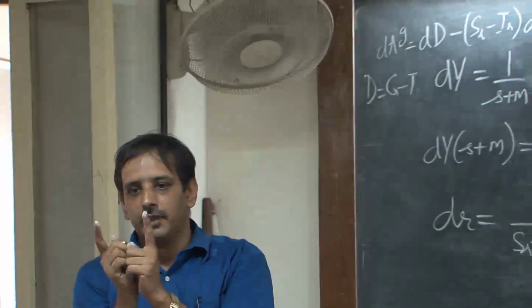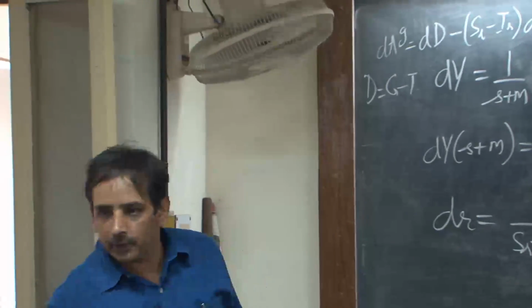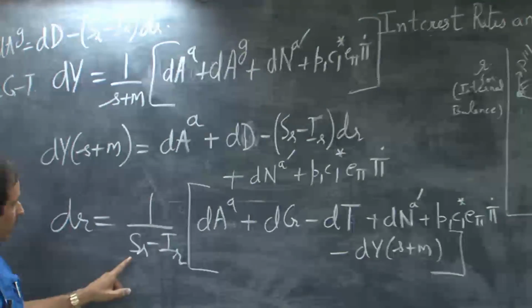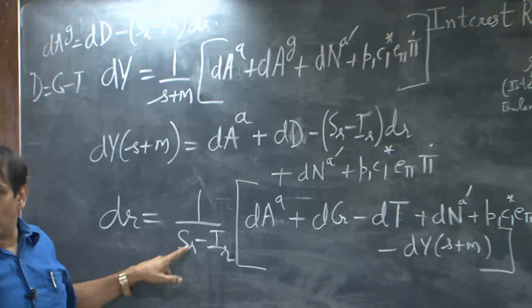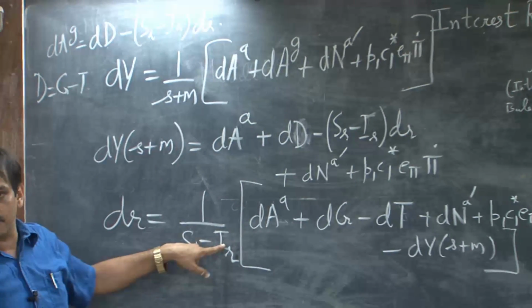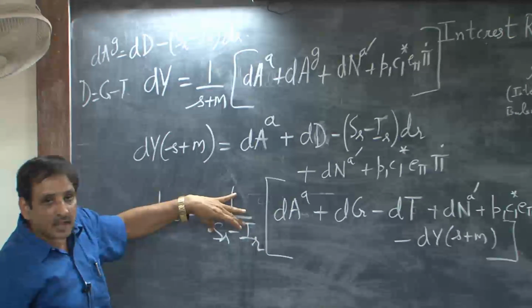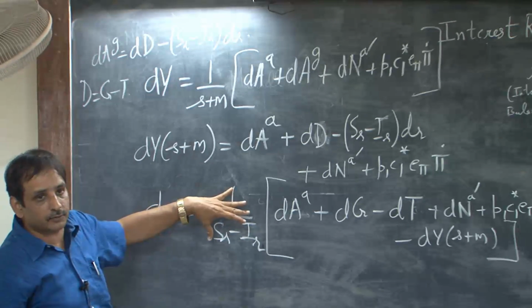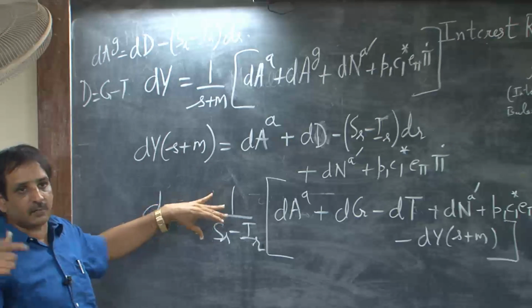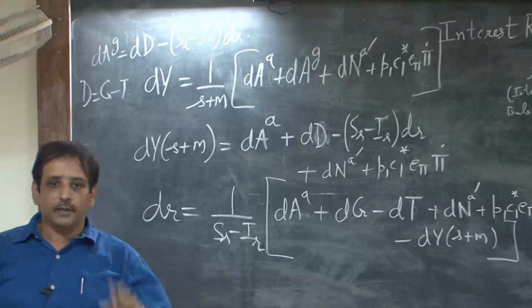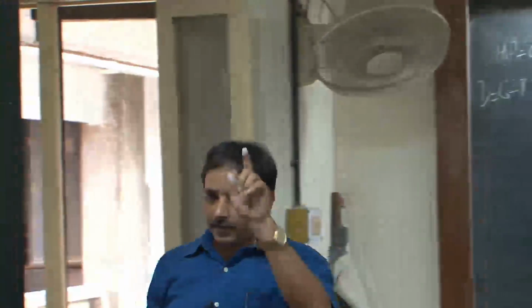What happens if the interest rate goes up? If the interest rate goes up, SR goes up, IR goes down, because there is an inverse relationship between I and R. So SR minus IR is positive. As R goes up, SR minus IR is positive. If R goes down, savings goes down, investment goes up, SR minus IR is negative.